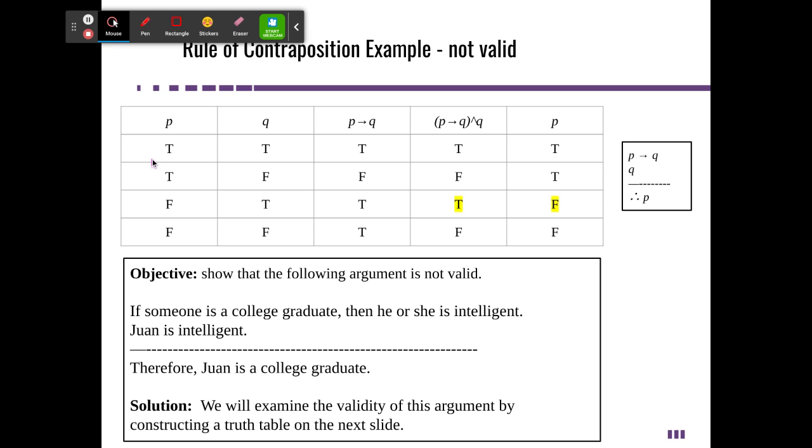And then I realized the actual statement we're looking at is this. So this is P, right?